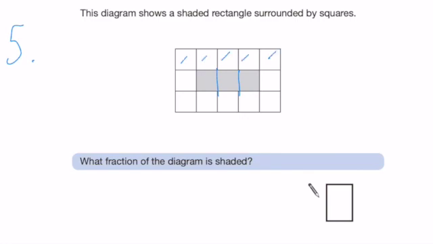And then 3, that's 15. There are 15 parts altogether. And 1, 2, 3 are shaded, which is 3/15. Or you could also write 1/5, because 3 divided by 3 is 1 and 15 divided by 3 is 5.